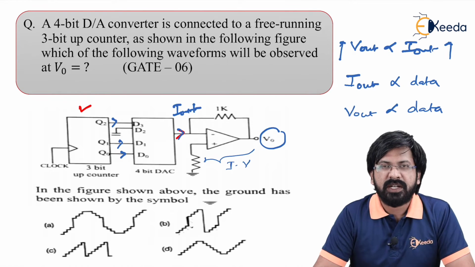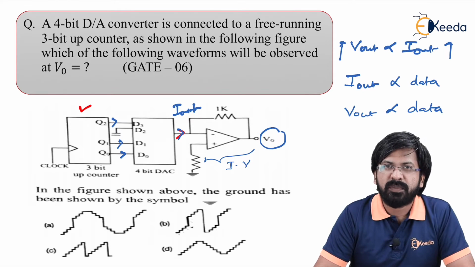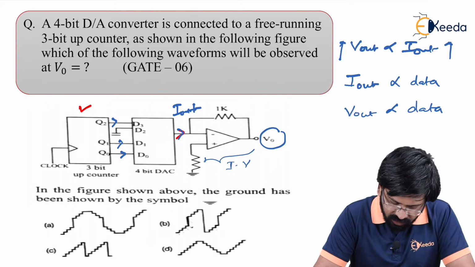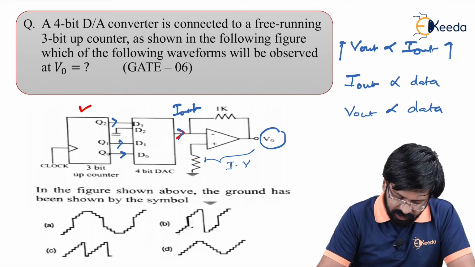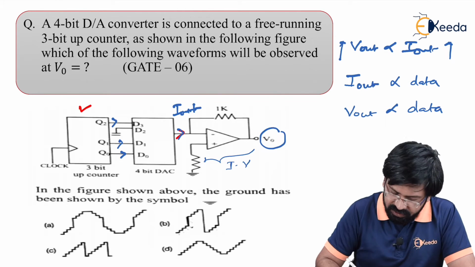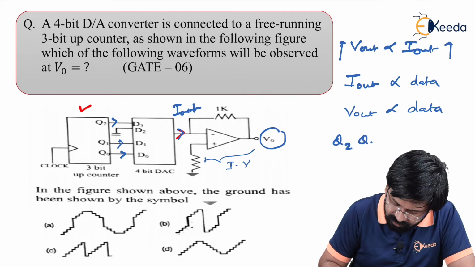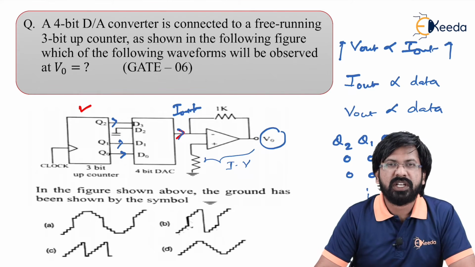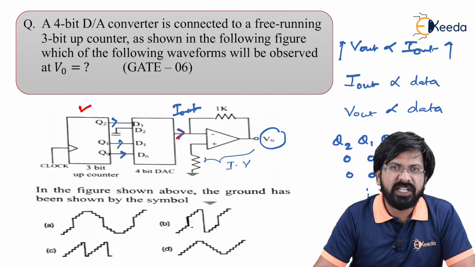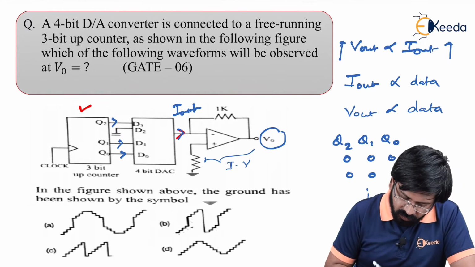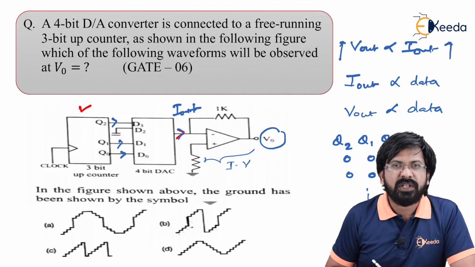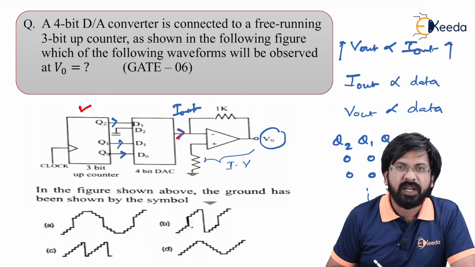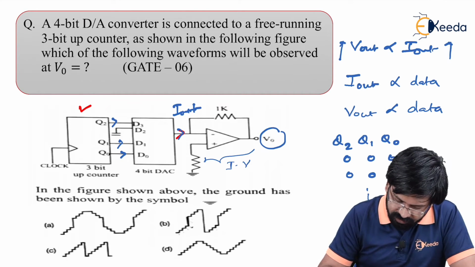The output of the counter is 3-bit, but the input of DAC is 4-bit, out of which one of the bits is permanently grounded here, and Q2, Q1, Q0 will rise from 000, then 001, and go up to 111. Now Q2, Q1, Q0 is provided as it is to the 4-bit DAC, but one of the bits of the 4-bit DAC input is permanently grounded, which is D2. So now we should clarify this.